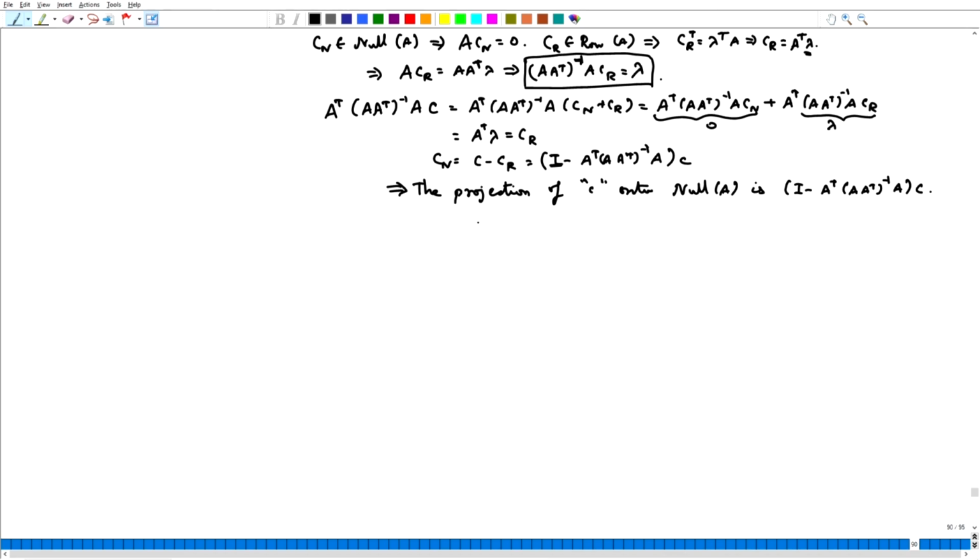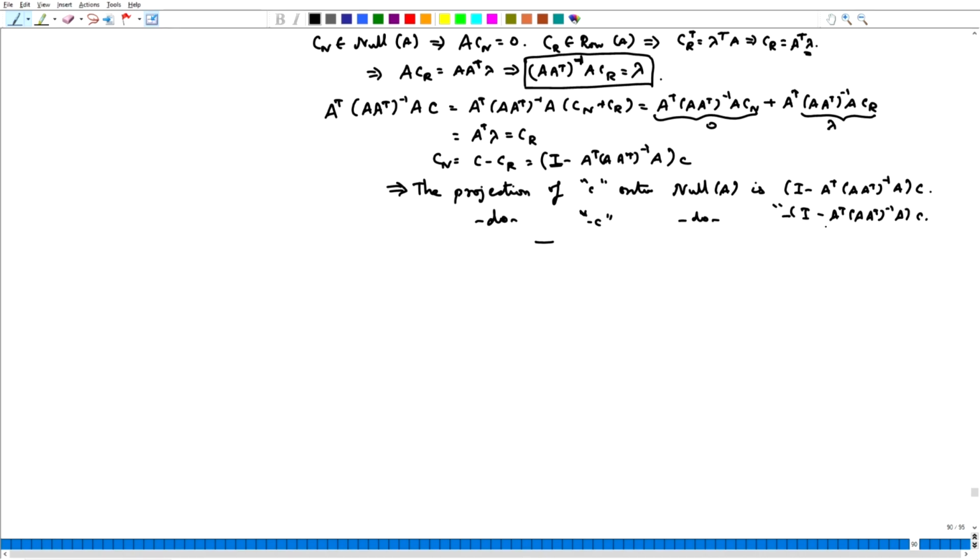So what is the projection of minus C? Very simple, I just have to replace C by minus C. So you will have minus of I minus A transpose, A A transpose inverse A, into C. What we have done until now is, when you are given some x 0, you want to choose a particular direction in such a way that it is a descent direction, and you will stay within the feasible set.